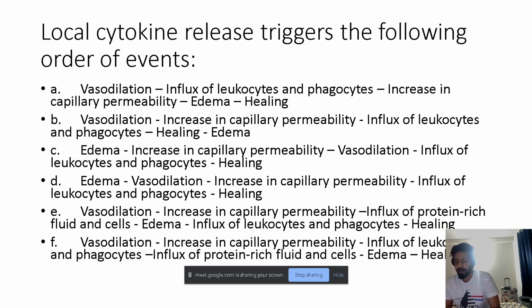That's the protein-rich fluid they're talking about. And then there are also small immune cells like neutrophils and so on that start to ooze out. So remember, neutrophils are the first ones to arrive at any immune emergency location.